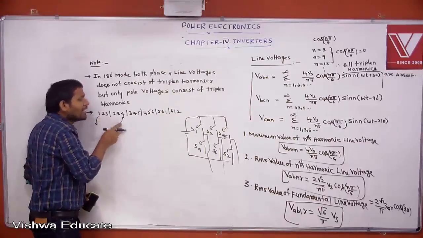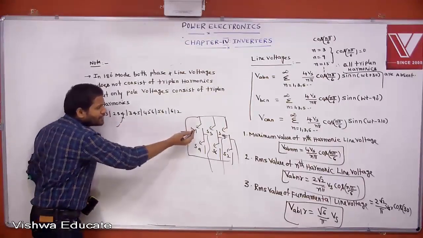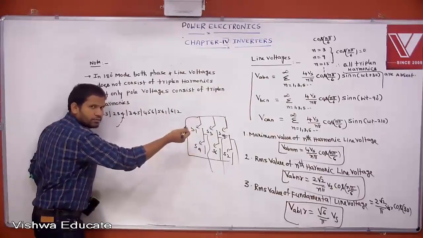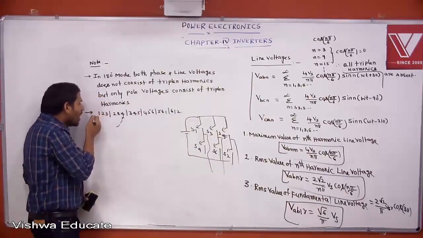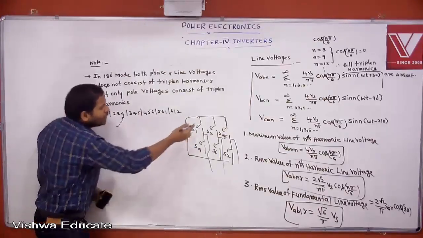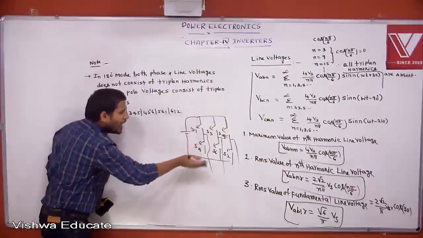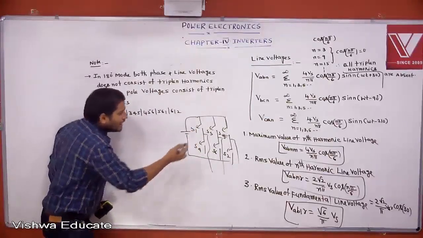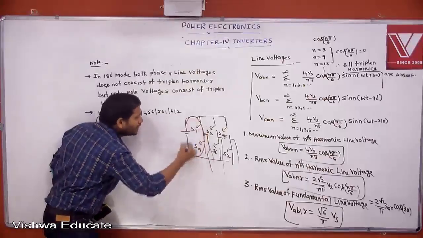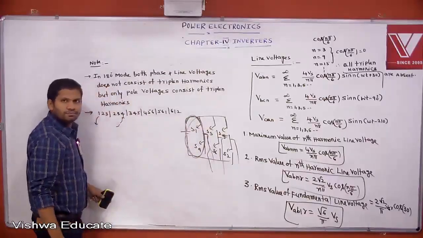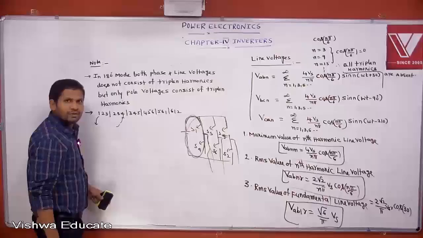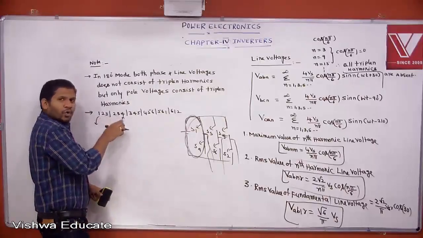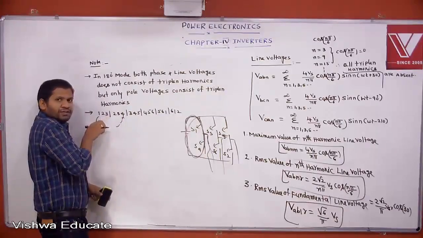Here 1 is turned off means 4 is on. If there is any commutation failure of 1, 1 is still on, but you already triggered 4 also. Then 1 is on, 4 is on, so current will not enter into the load. Then it will be short circuited. Understood?